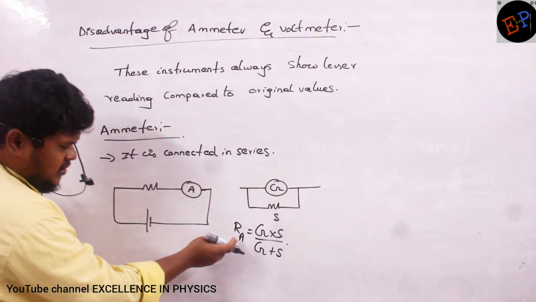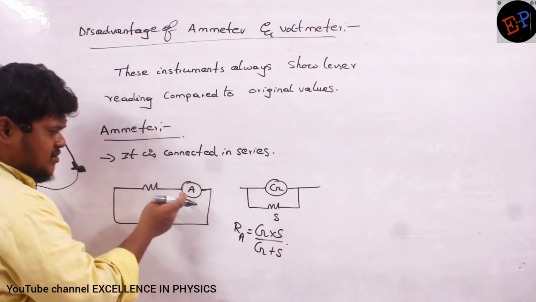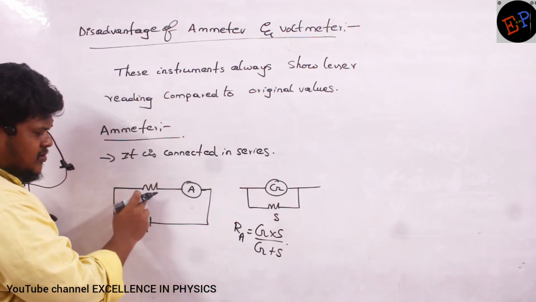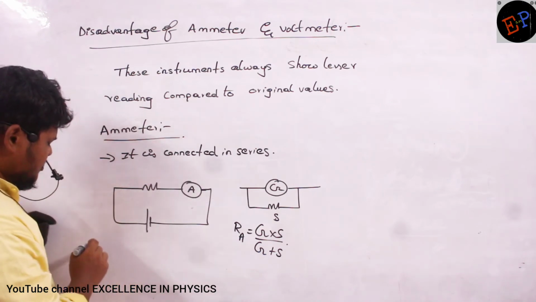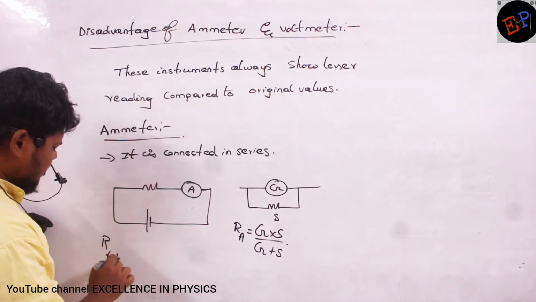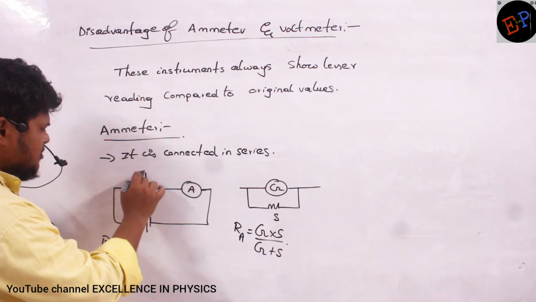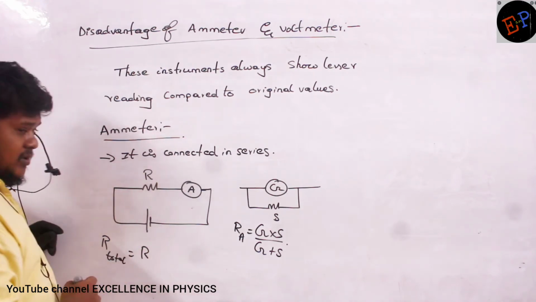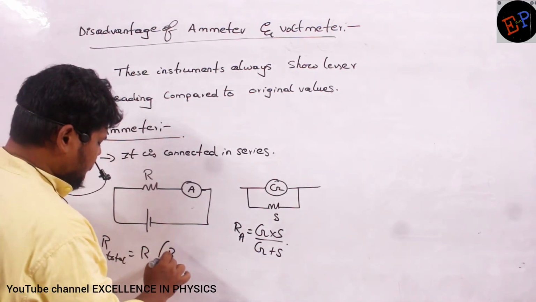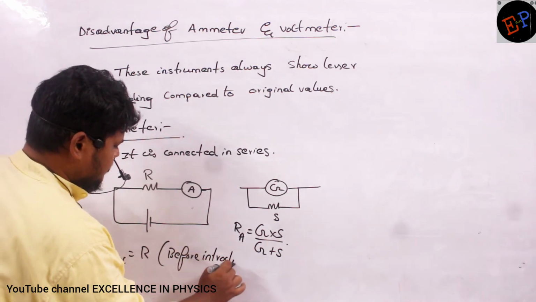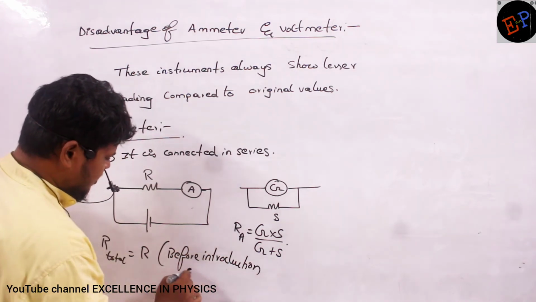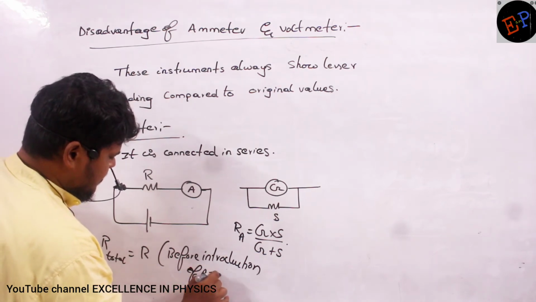So when I introduce this ammeter into this circuit, definitely the total resistance will increase. If I don't include this, then the total resistance will be just R, if I call this resistance R. This is before the introduction of the ammeter.